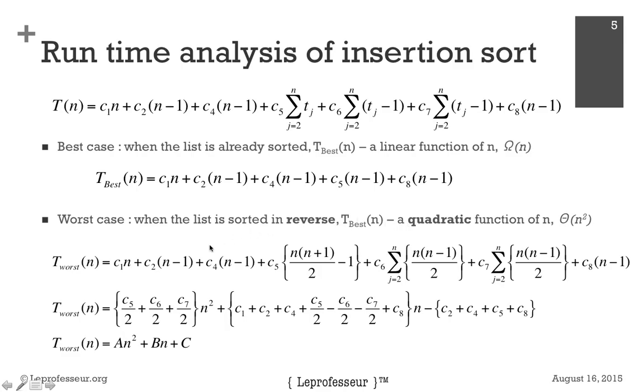So this gives an idea that if you have a list of, say, 5 numbers, the worst case is 5 square. But think about if you have a list of 1 million numbers, how many times will it be executed? The square of 1 million, right? Not very efficient. It's not good when the input size is enormously large.